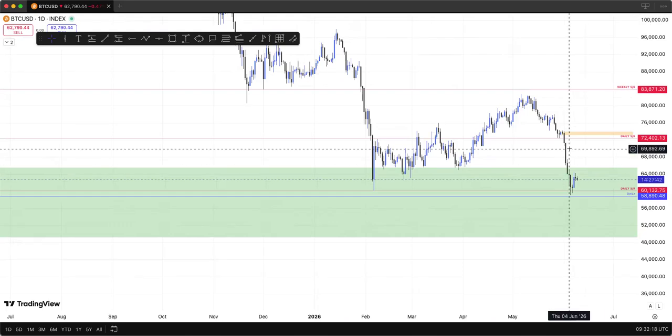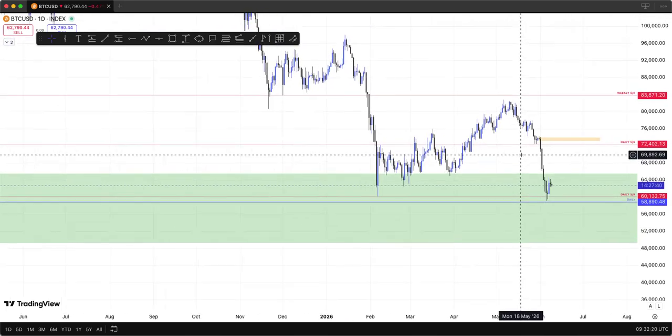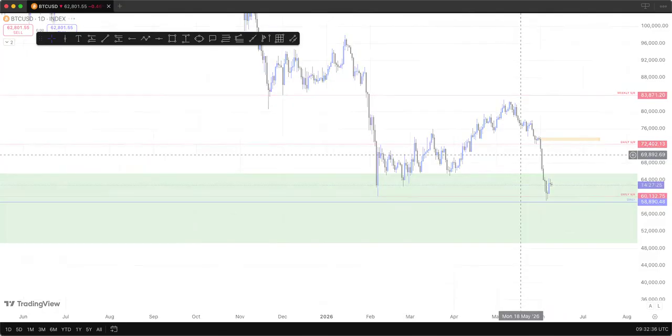So on the daily time frame, we have a high probability of price retracing into a supply zone to then decide if the sells will continue or the bulls will take over. So let's break it down on the 1 hour time frame.